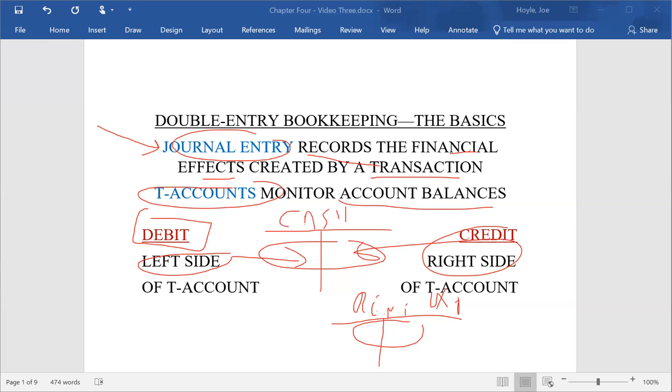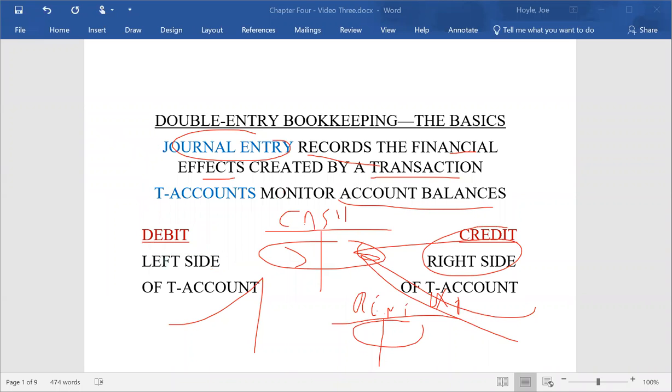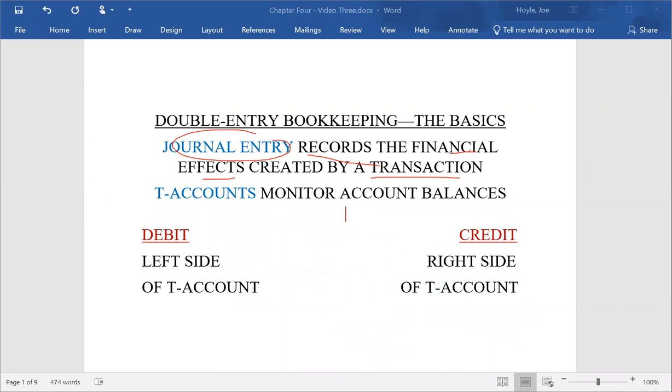For some accounts, you increase them on the debit side. For other accounts, you increase them on the credit side. Now, that might seem rather confusing, but it's only confusing the first time or two that you see it. With a little practice, this becomes fairly easy.